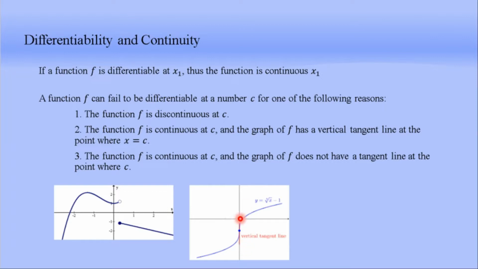Now for reason number 3, the function f is continuous at c and the graph of f does not have a tangent line at the point where x equals c.